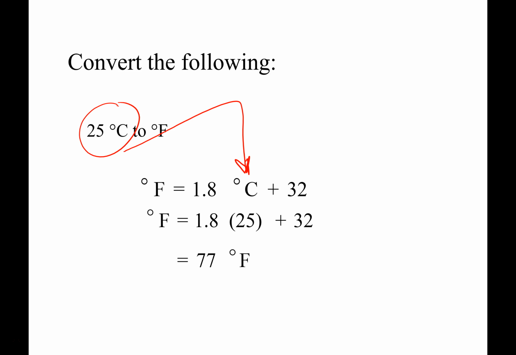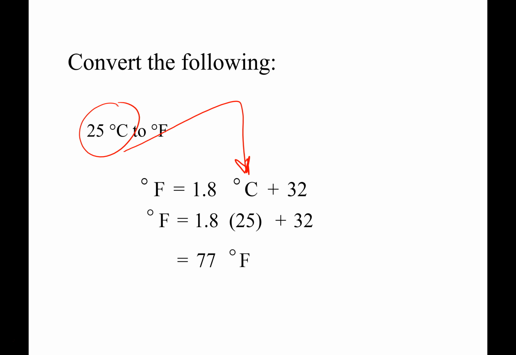It's weird because you might be reading this like 1.8 degrees Celsius? No, I mean 1.8 times your Celsius temperature. And then you get into how many sig figs, and you're multiplying, you're adding. It's just a mess.